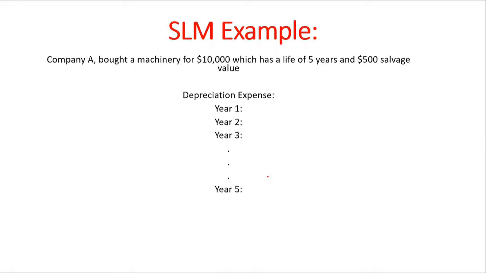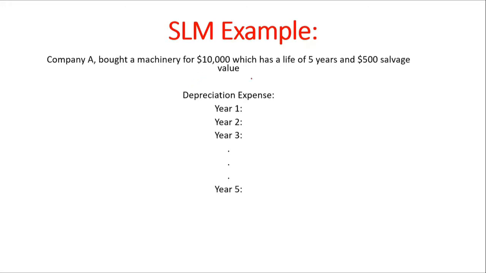The journal entry for depreciation expense remains the same under both methods. I repeat again, the journal entries remain the same under both methods. There is no difference.